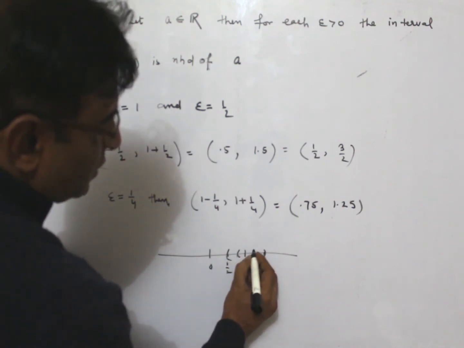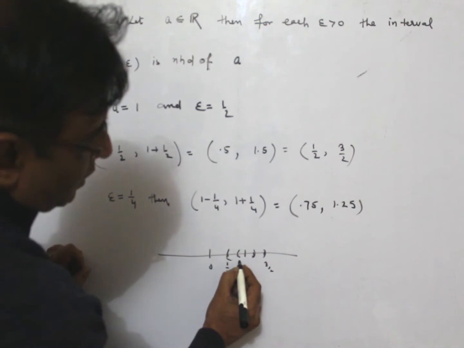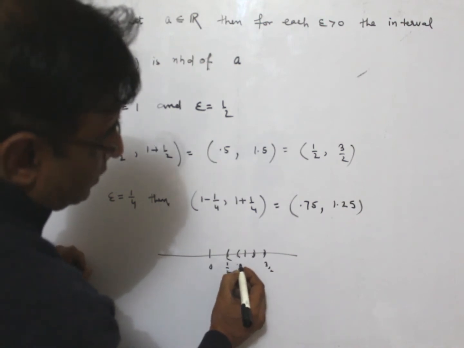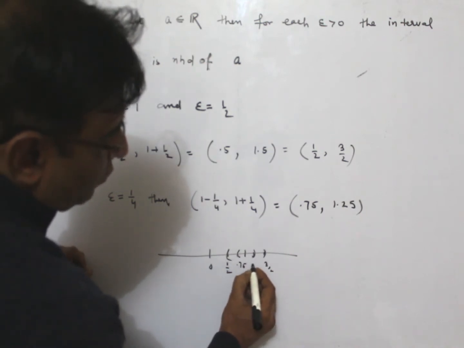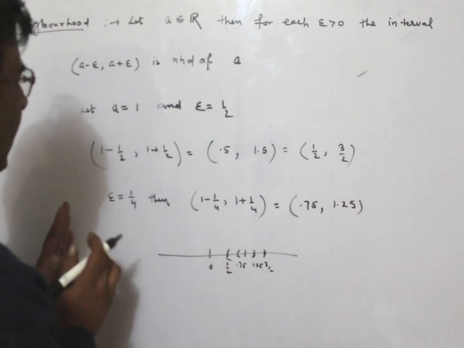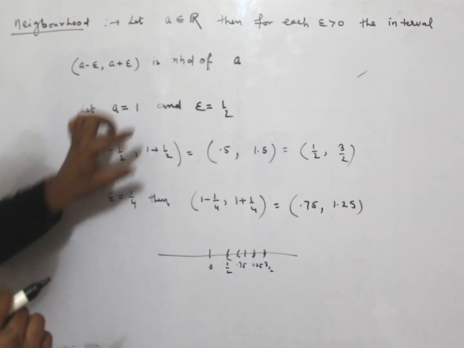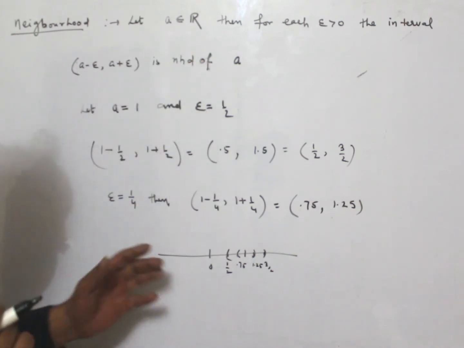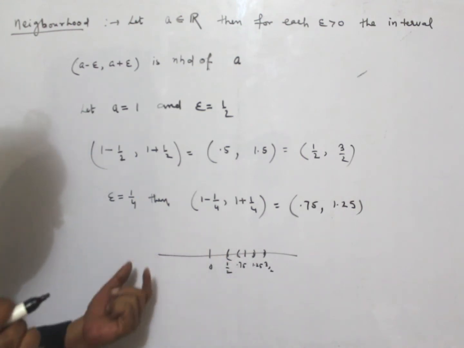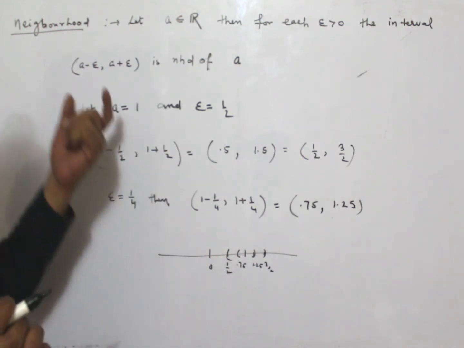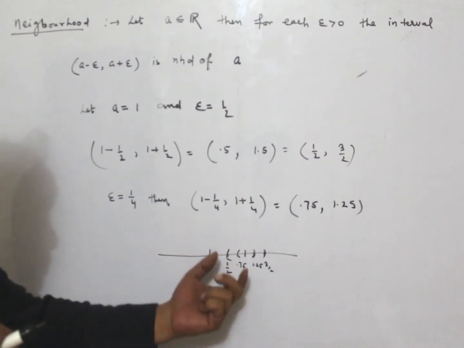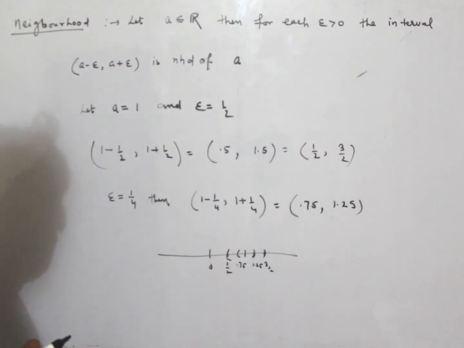So this interval is 0.75 to 1.25. That means as I reduce the value of epsilon from 1 by 2 to 1 by 4, the length of the interval, or the length of the neighborhood, also decreases.